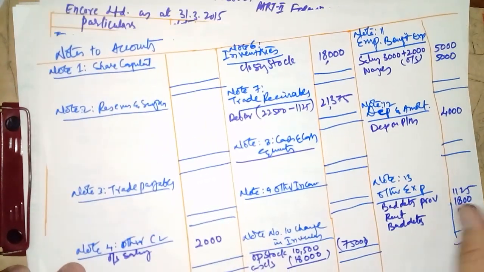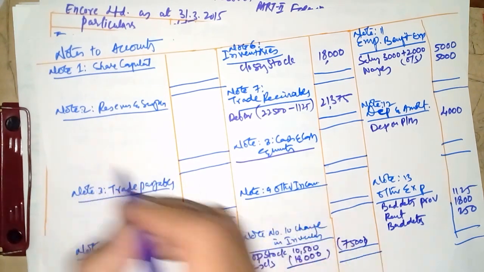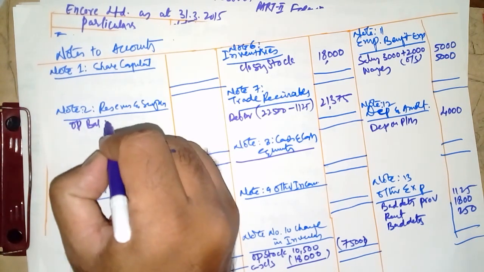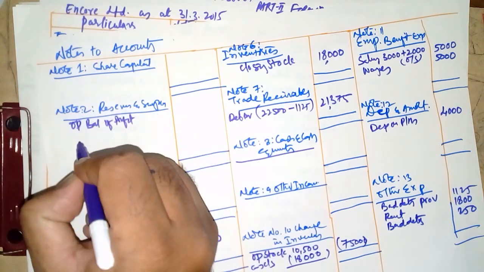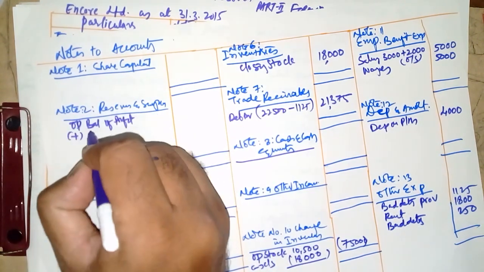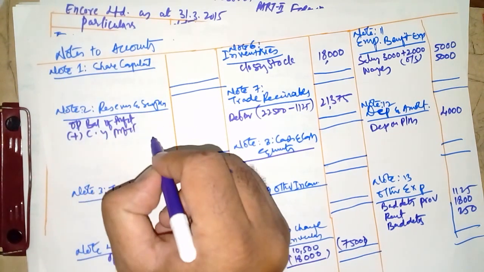So reserves and surplus, here what we have to do, we have to take some calculations. As I told you, we'll take opening balance of profit in the inner column, right? Then add current year profit.